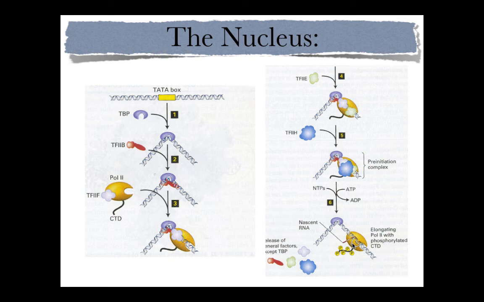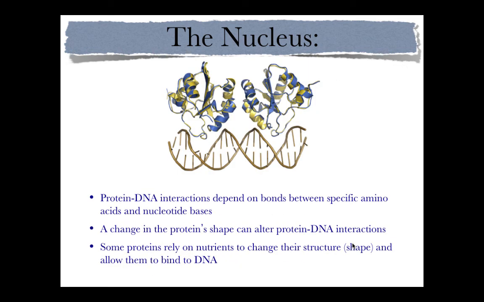And that's why I put this up here. This is a TATA binding protein. And it will sit right in there looking for its specific sequence that it's supposed to find. In eukaryotes, more than half the time, TATA binding protein is the first protein there.